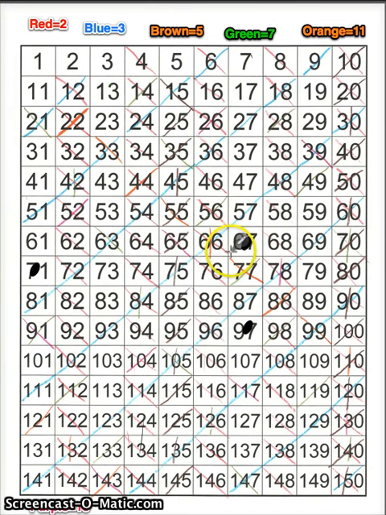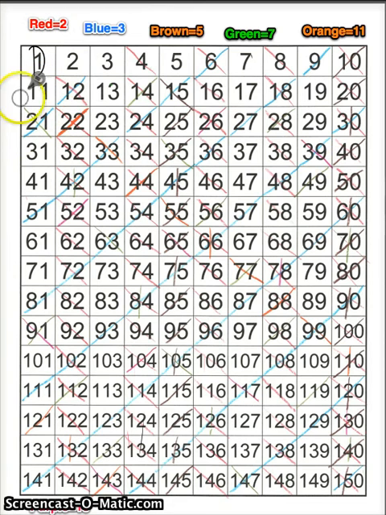So let's try that out. 67, not 100, but 67 only has 2 factors, 1 and 67, and same with 97 and 71. But another way you might have heard of finding out if a number was prime or not is if it was divisible by 1 and itself.